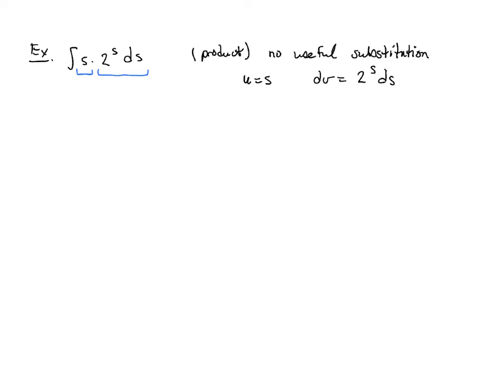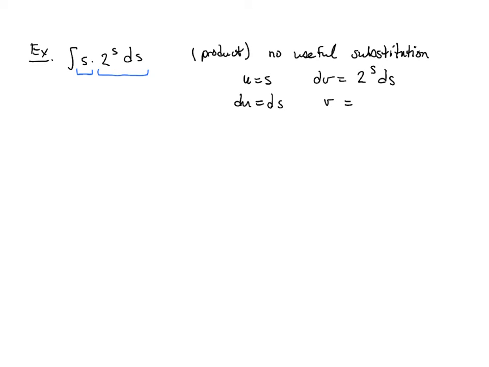Now, in order to use the formula for integration by parts, I need to figure out what du is, and I need to figure out what v is. Du is easy. I take the derivative of s with respect to s, so I get ds here.